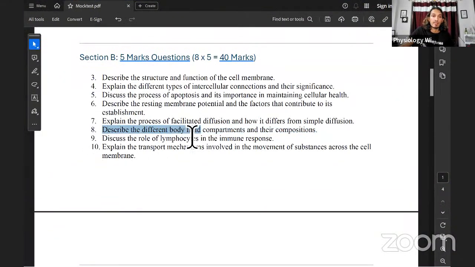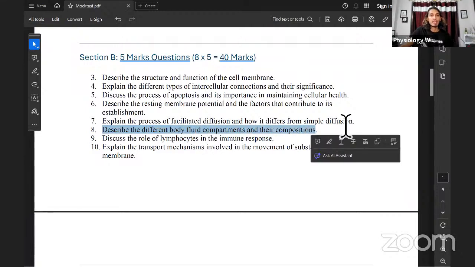Okay, so describe the different body fluid compartments and their composition. And again, you can further talk about ICF, since it is a 5-mark question. In the interstitial fluid, we have the extracellular matrix.